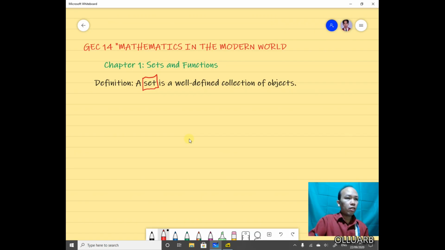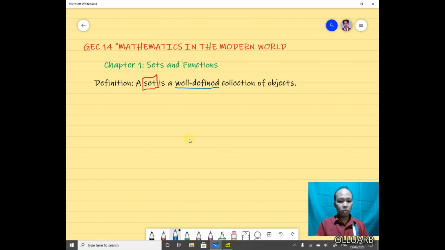The keyword here is the word, let's have a color blue, well defined. So what do we actually mean by the word set? Do we have to just collect any objects?